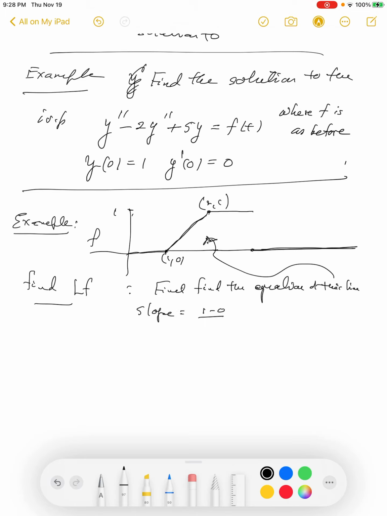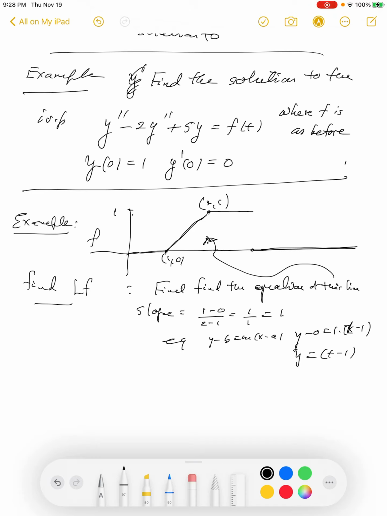Slope is difference between y coordinates over difference between x coordinates. So slope is 1 by 1, which is 1. And the equation is y minus b equal to m times x minus a. m is 1. So I will use the point (1, 0). So y minus 0 equal to 1 times x minus 1. x is t now. So your equation is y equals t minus 1. That's the equation of this line. Good.